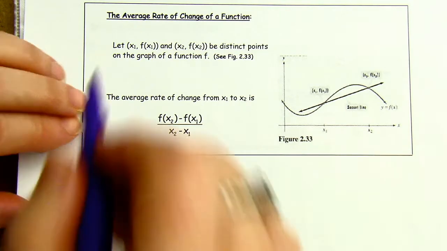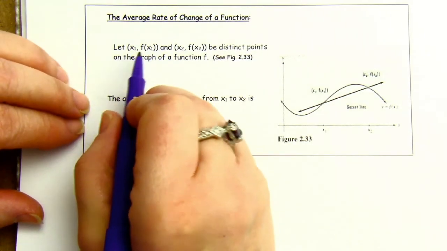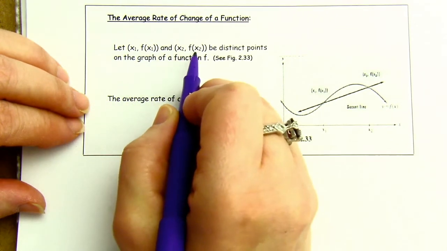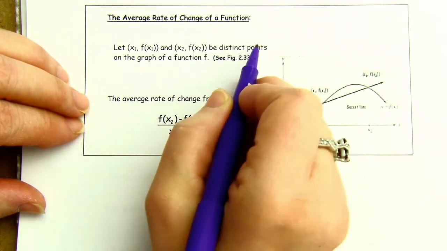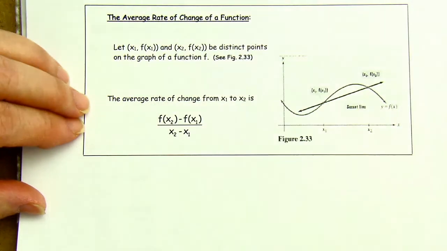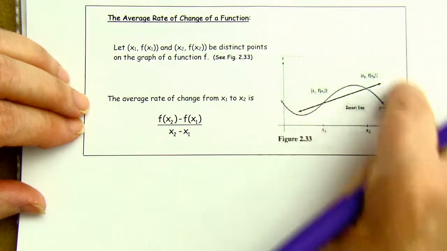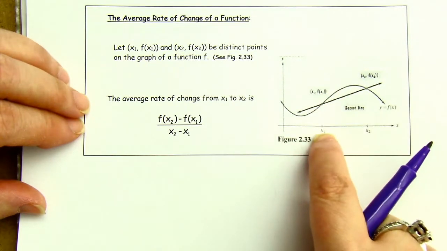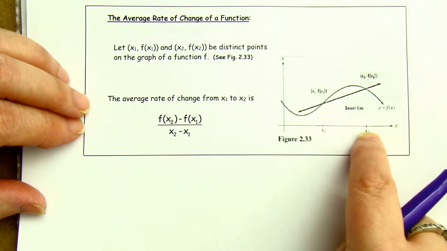So here, let x sub 1, f of x sub 1, and x sub 2, f of x sub 2 be distinct points on the graph of the function f. And we can see that in this diagram. This is the value of x sub 1. This is the value of x sub 2.